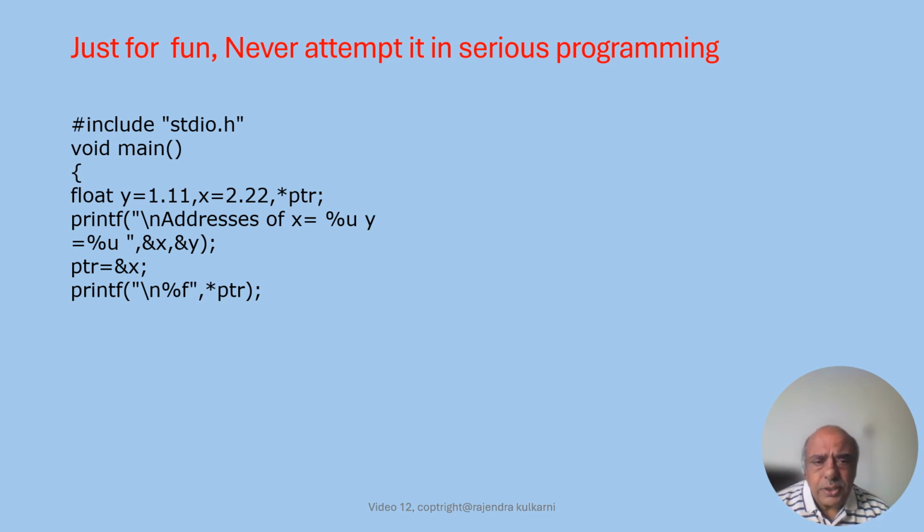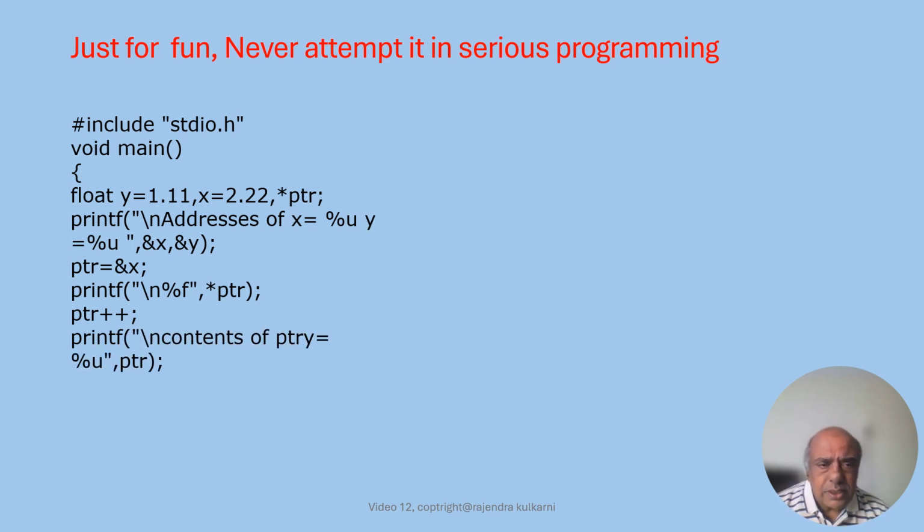And now by using indirection operator, the star operator, we are accessing the value stored at the address assigned to PTR, or simply the value stored in x. Then the PTR is being incremented by 1. So now it holds the address which is 4 bytes away from the address of x.